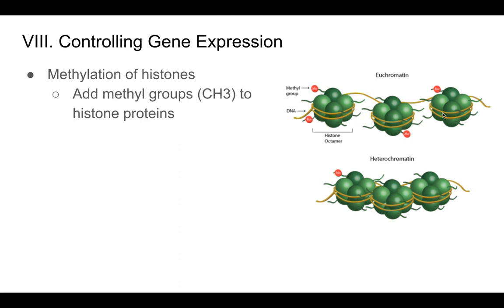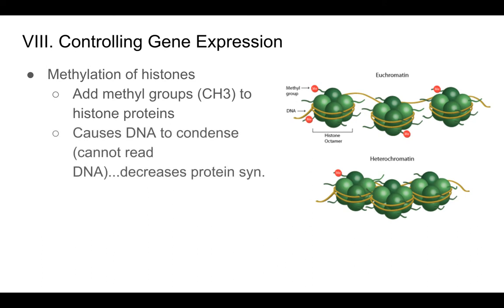So this is DNA that is open and accessible and could be read and turned into messenger RNA. This is DNA that's really tightly condensed, and it's hard to get in and read that DNA. So if I add the methyl groups, it causes DNA to condense, and you can't actually read it.